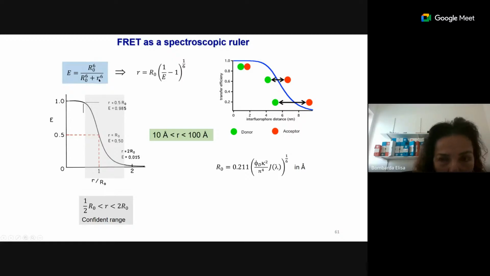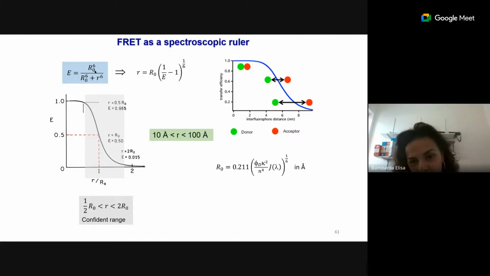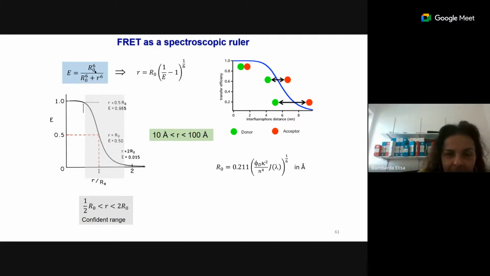And in particular, normally what we are interested in is this small r, lowercase r, that is the distance between the chromophores. The R0 instead depends on the characteristics of the two chromophores and can be calculated in advance. So it's a characteristic of the pair, something that is in principle known.